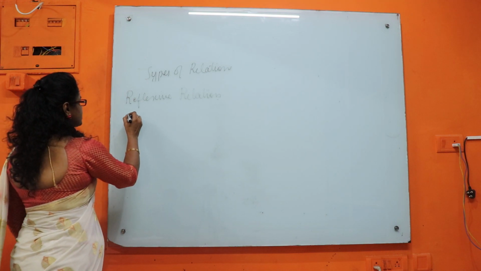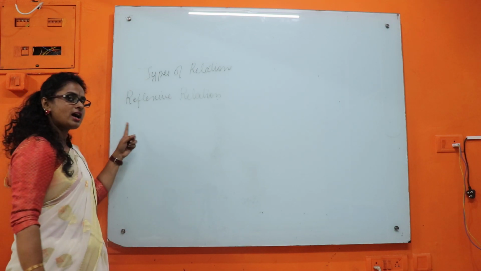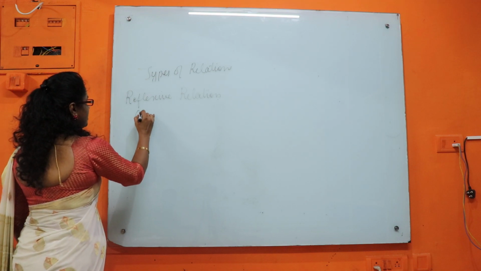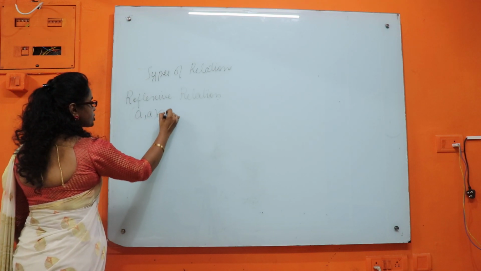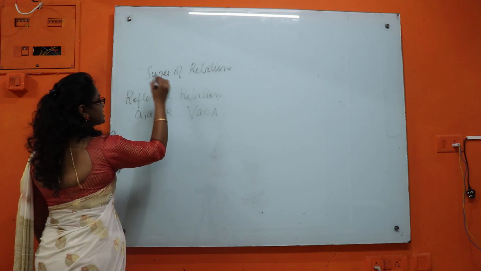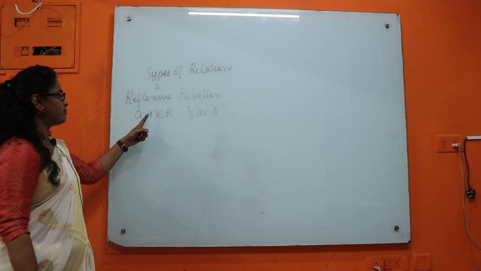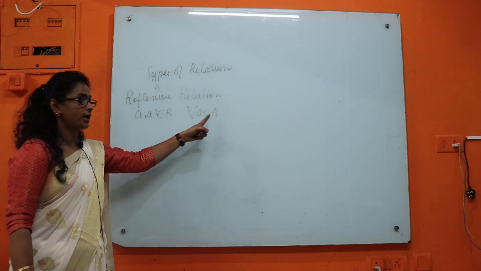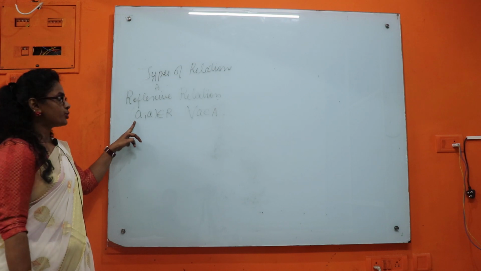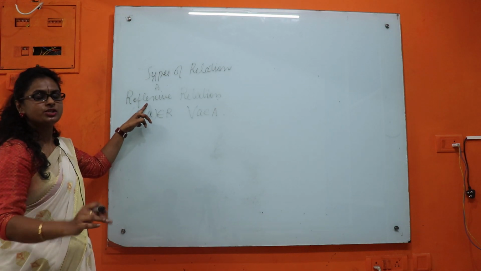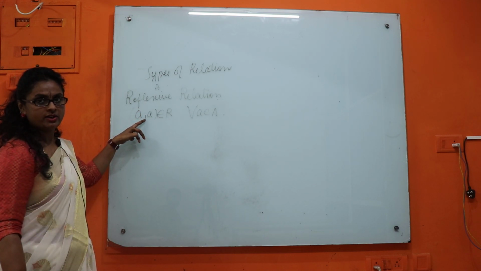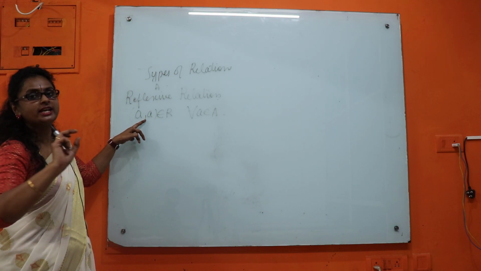Reflexive relation says that if R is a relation on a set A, then (a, a) belongs to R for all a belongs to A, the main set. You can ask me, ma'am, don't you feel reflexive relation is similar to the identity relation? Yes, it is similar, but it can have an extended part.